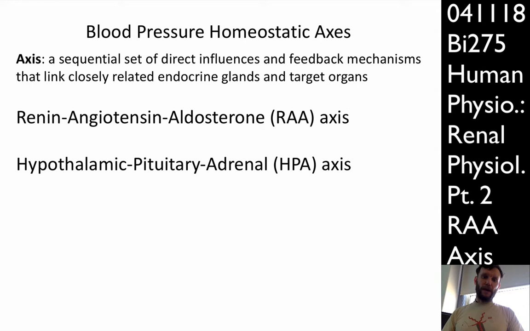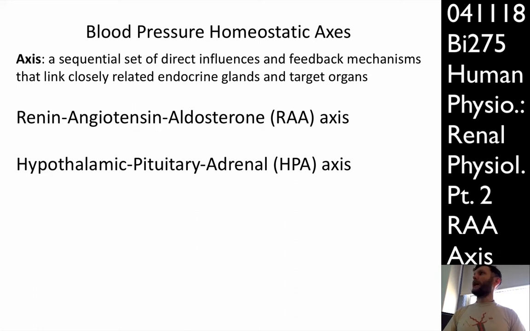So the two that are the most important here for the blood pressure homeostasis are called the Renin-Angiotensin-Aldosterone Axis, RAA axis, and that's going to be what I spend probably the most of my time talking about today after the setup here.